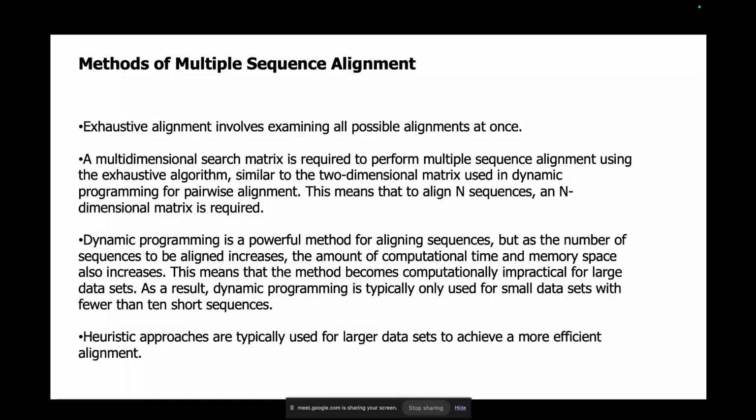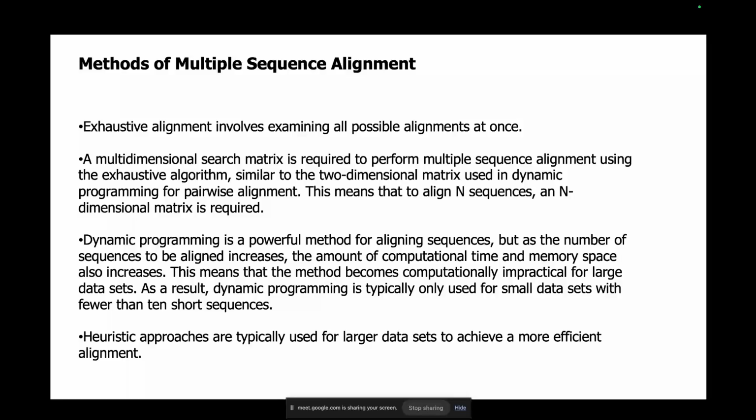For that case, if you are using a similar type of algorithm, an exhaustive algorithm that computes all possible combinations and chooses the best one, you need a very big data structure, a multi-dimensional search matrix. The number of dimensions depends upon the number of sequences that you have. So if you have n sequences to align, you'll have an n-dimensional matrix, right?